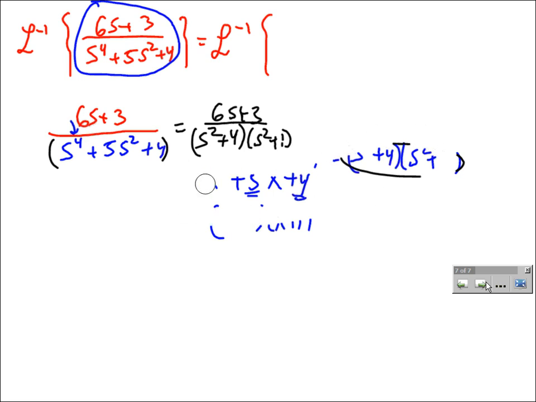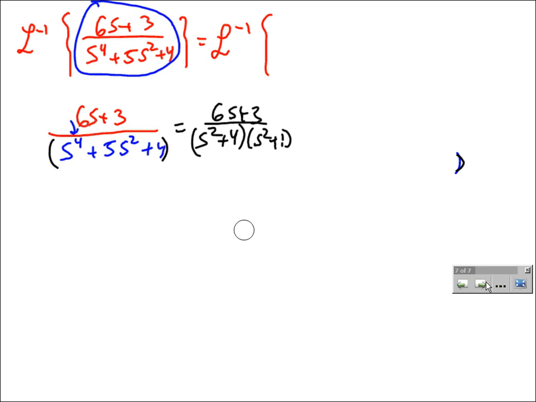Now, I want to rewrite that fraction as the sum of two fractions, where one fraction has this on the bottom, another fraction has this on the bottom.